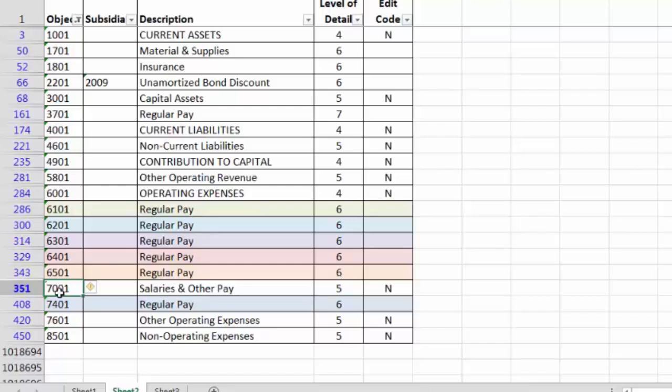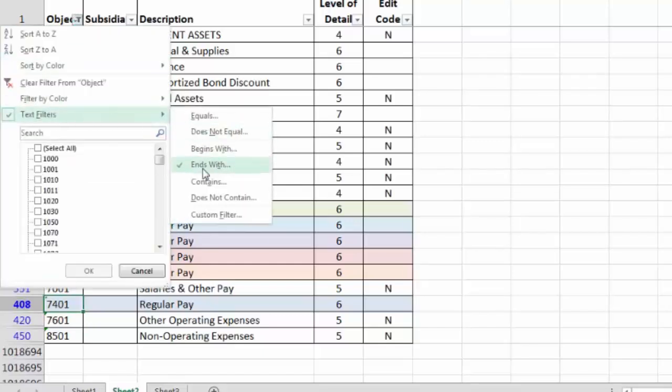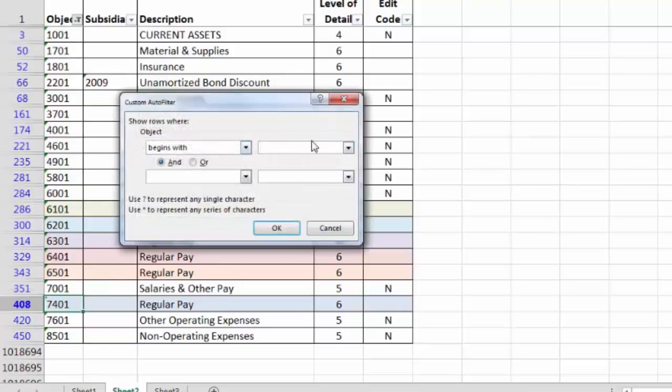You'll notice that we have kind of a gap here between 6501, which is customer service, the 7001, and then again we have down here general plant. Let me show you why that is. So I'm going to filter again and show you all of the 7,000s.